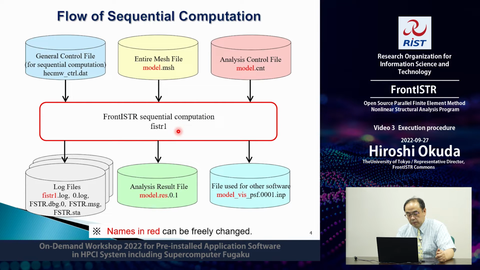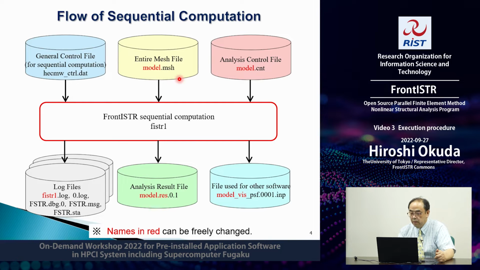FrontISTR is a kind of software, so you need certain input files, and it needs to read three types of input files. The first one is called the general control file. The name of this file is decided beforehand, and you cannot change it.